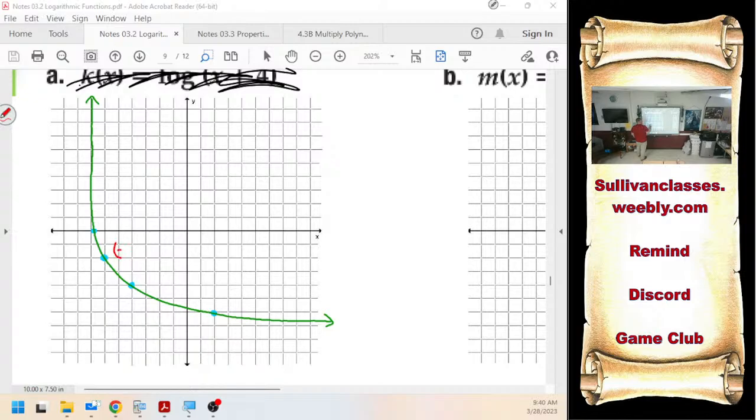This one here is at (-6, -2). This is at (-4, -4). This is at (2, -6). The other one is at a decimal of some sort.